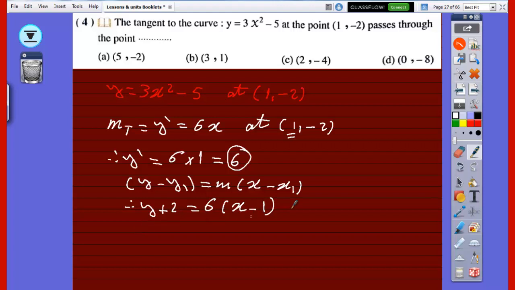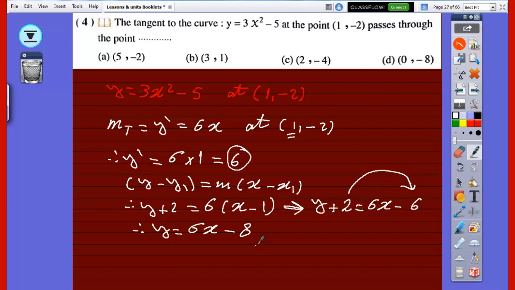And to simplify, we have y plus 2 equals 6x minus 6. Then y equals 6x minus 8, as negative 6 minus 2 here equals negative 8. It's clear that this point is (0, negative 8).